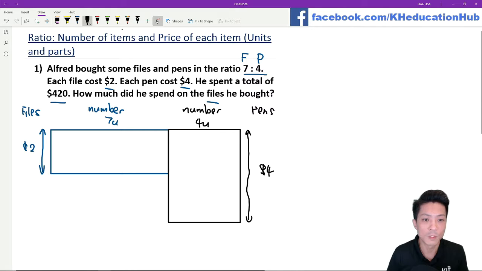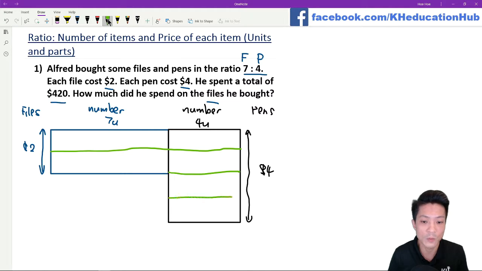Now if you look at this model, we know that the area of these two combined shapes is $420. I'm going to cut it into equal parts. I'm going to cut one line over here and cut one line over here and cut one line over here, so that each row represents $1. So I'm supposed to cut this into 7 parts.